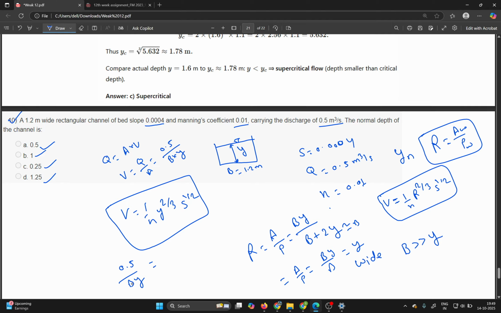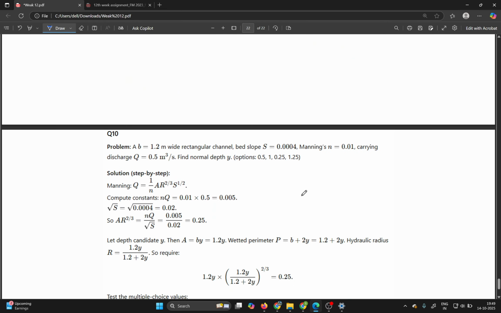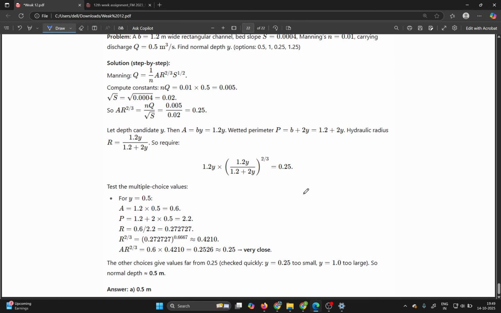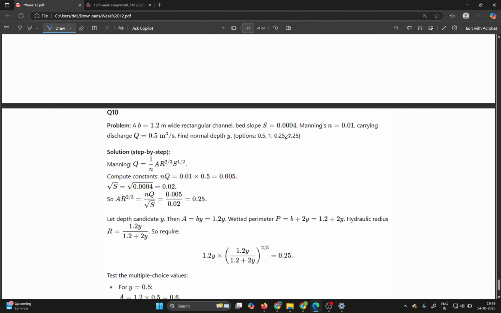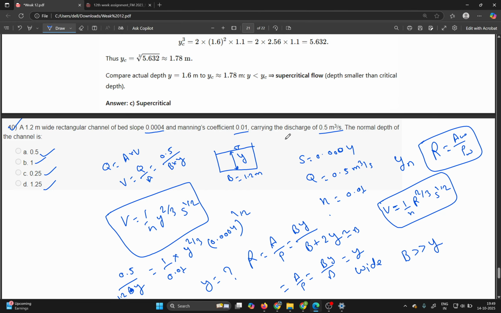B is 1.2, 1 by 0.01, and y is what you need to calculate, to the power 2 by 3, s is given already in the question. So after calculation, what you will get, let me just show you. Okay, after calculation you will get 0.5. Yes, option A is correct.